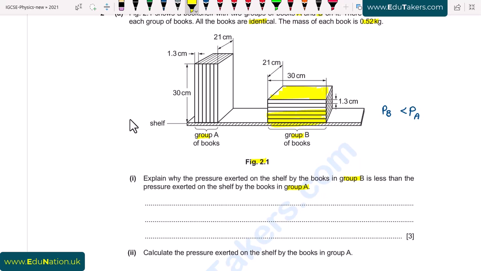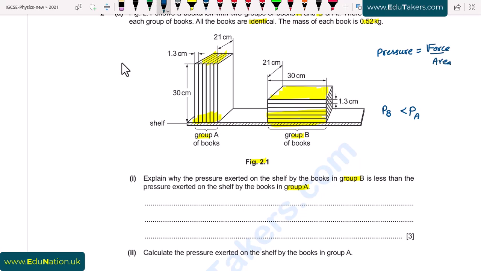Similarly, if we shade the area of group A books, at the top the area is this, and at the bottom the area is just like this. And we know that pressure is defined as force per unit area.